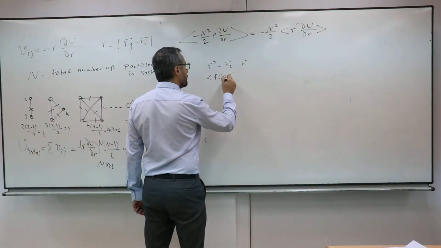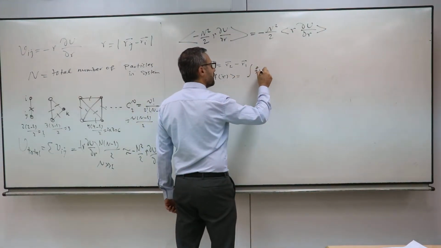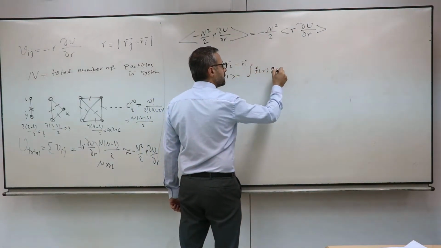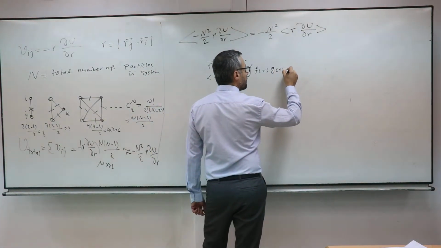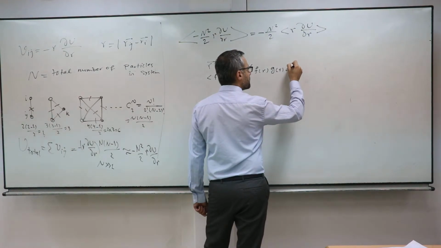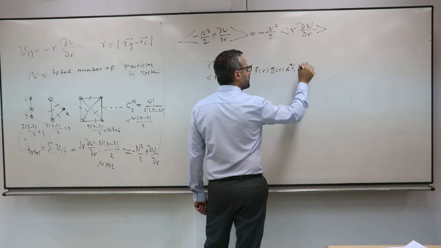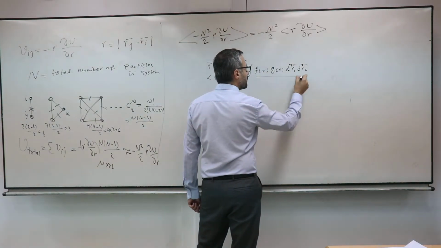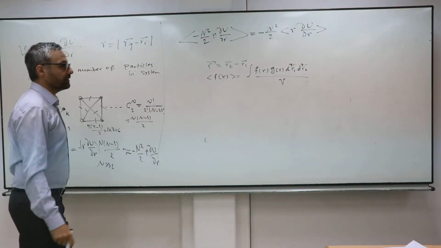So the average of f(r) should be the integral of f(r) times some density function, which is called the density weight function. Yes, exactly. D cubic r, because this is a volume over the total volume. Something like that will give you the average.